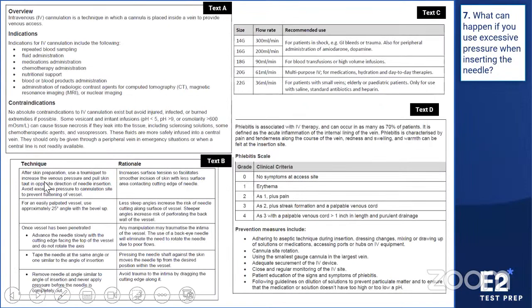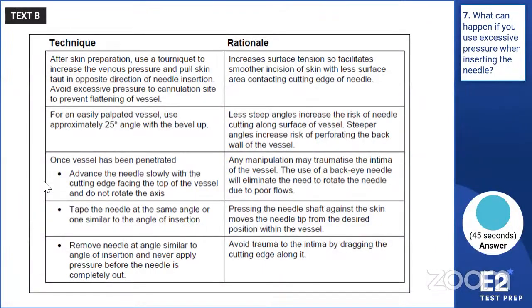Okay, next, number 7. What can happen if you use excessive pressure when inserting the needle? So let's decide which text to go for. This is to do with how you insert the needle, so it's going to be here.